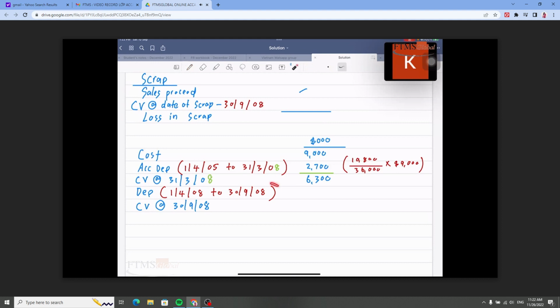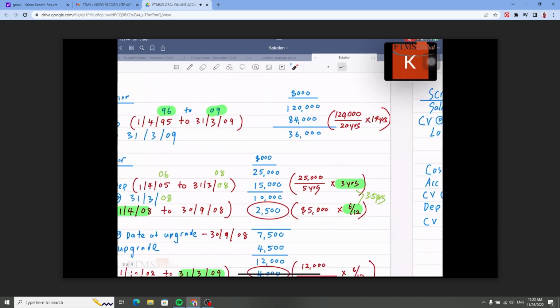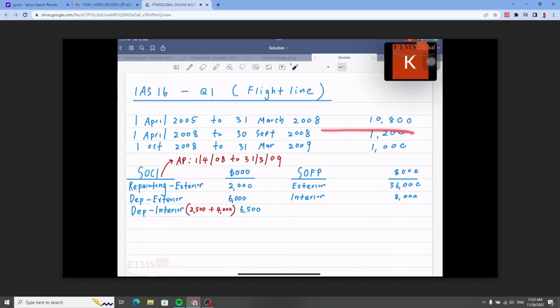Okay, so look at this period, 1st April 08 to 30th September 08. I think we have the data, right? We have the data, 1st April 08 to 30th September here, right? This one. 1002, right? Data is 1002.